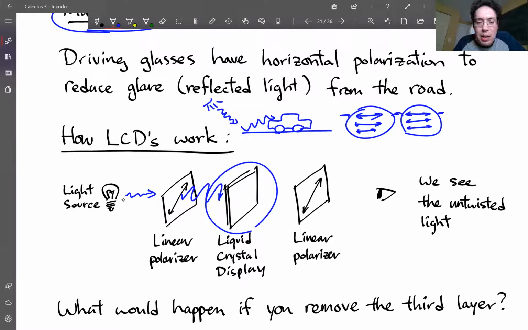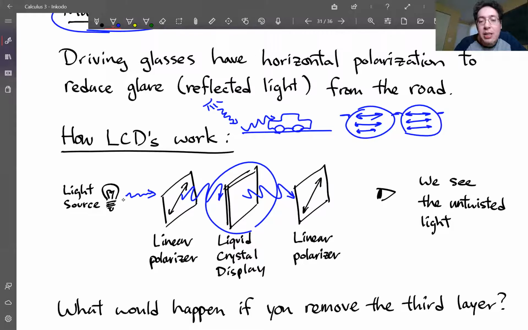It might be twisted in maybe the opposite diagonal direction. And the amount of twist can be controlled by how much voltage we're applying on the LCD screen at that pixel.